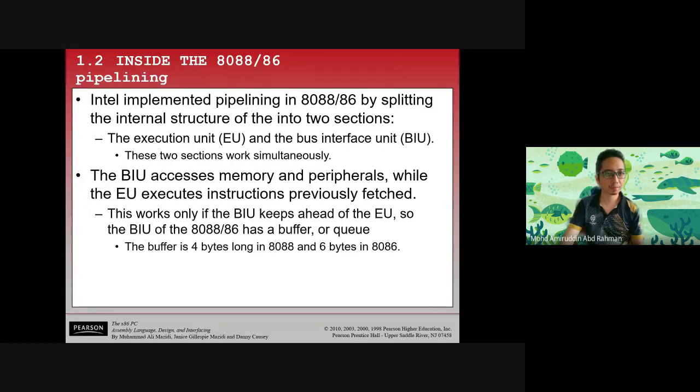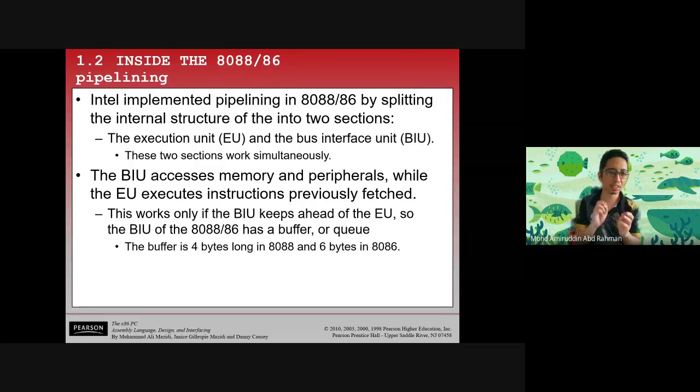All right. So the BIU accesses the memory and peripherals while the EU executes instructions previously fetched. This works only if the BIU keeps ahead of the EU. So the BIU of the 8086 has a buffer or queue. The BIU needs to keep a little distance from the EU, so it must always be ahead of the EU.